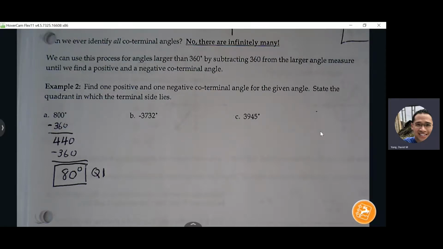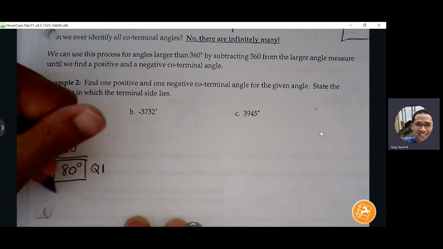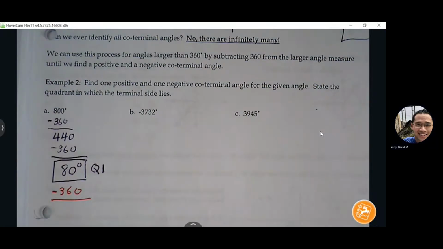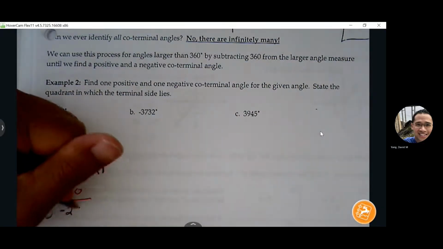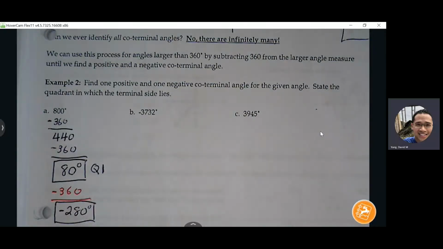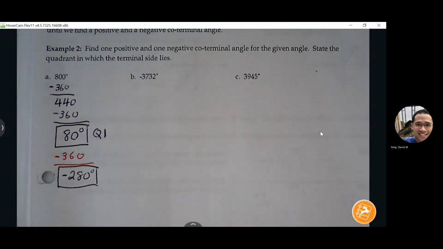How can I find a negative angle? Subtract 360 again, right? That should allow us to get into the negative region. So I have two coterminal angles, one positive and one negative.